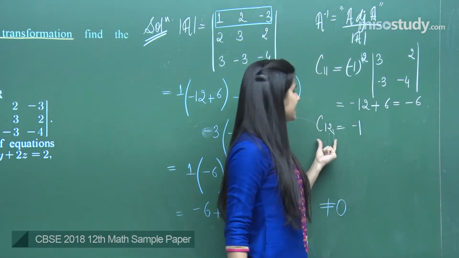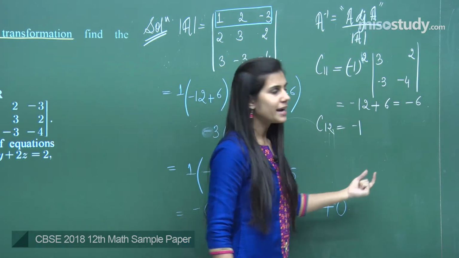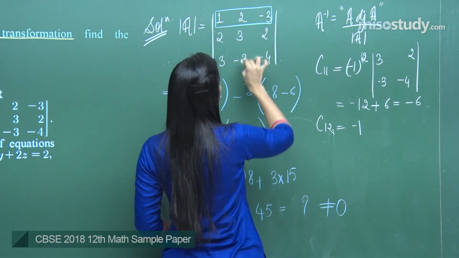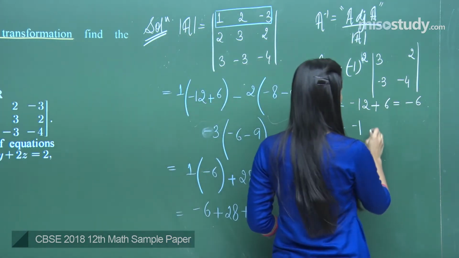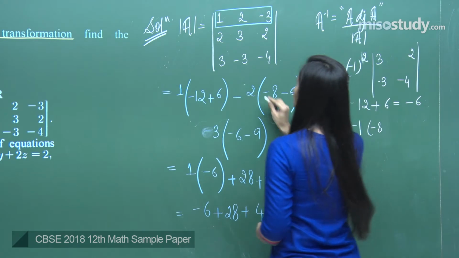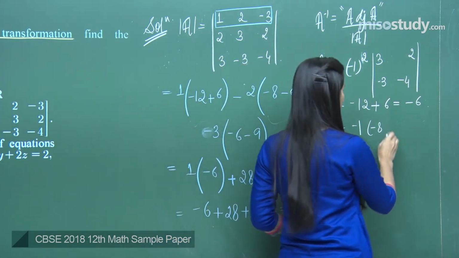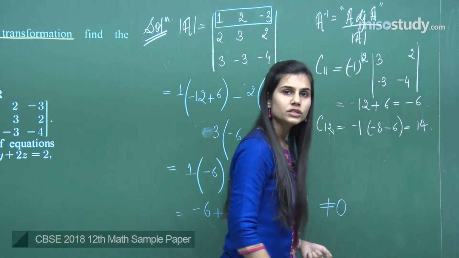So here you have C12 next, which is minus 1 to the power 3, which makes it minus 1. So first row, second column, you have 2 into minus 4, which is minus 8, minus 6. You get a positive 14.